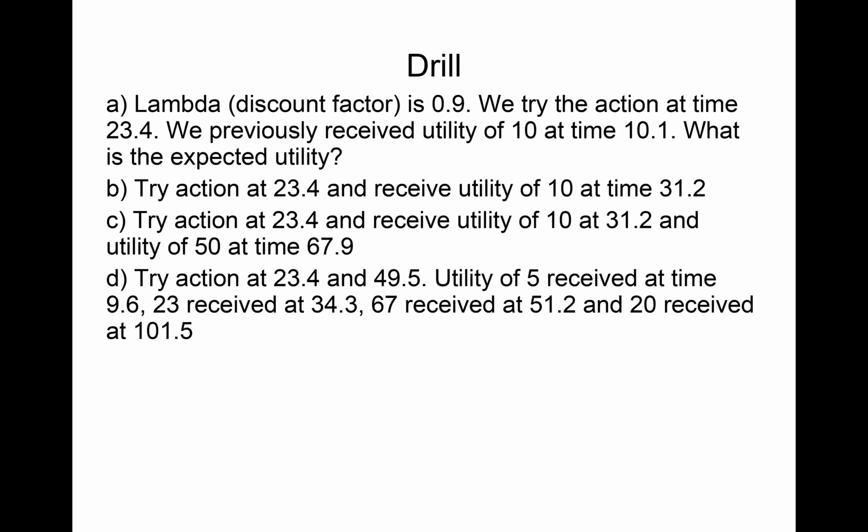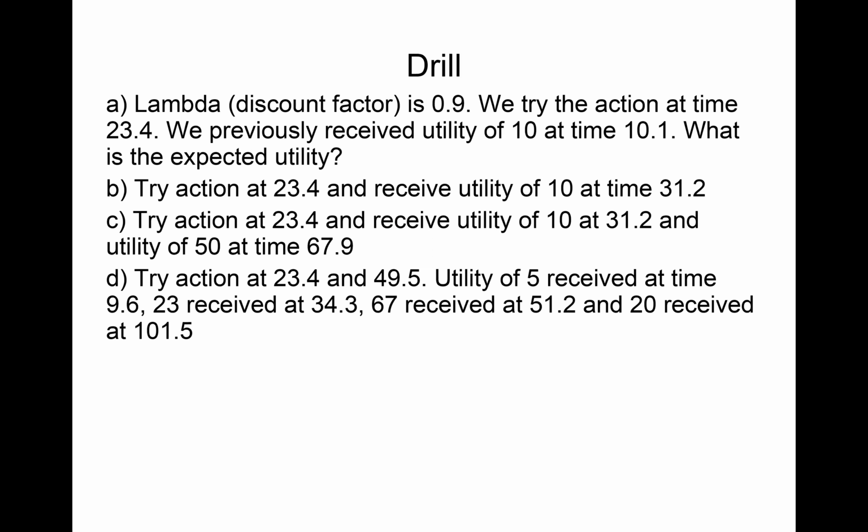The way we're going to estimate utility is, it's going to be the reward, which is 10, times our lambda, which is 0.9, raised to the power of the amount of time that elapses in between. So that would be 31.2 minus 22.4. That's all the exponent. That make sense?